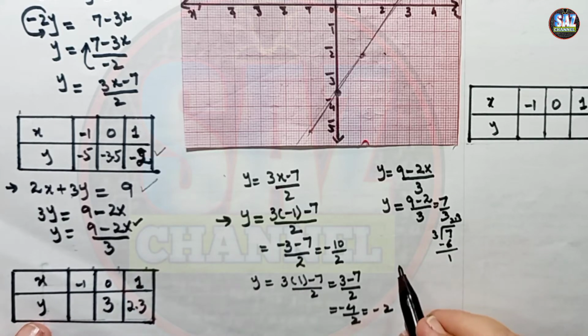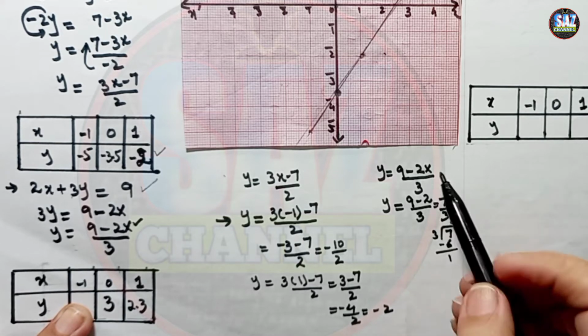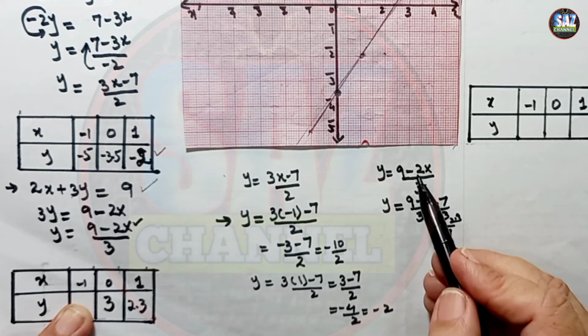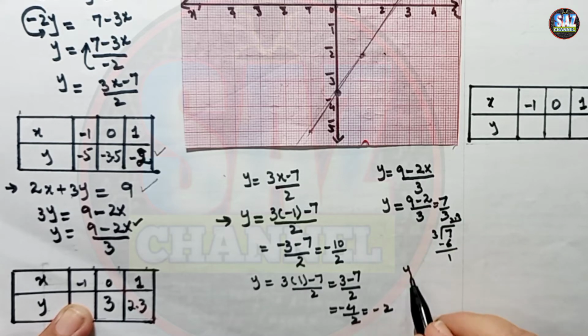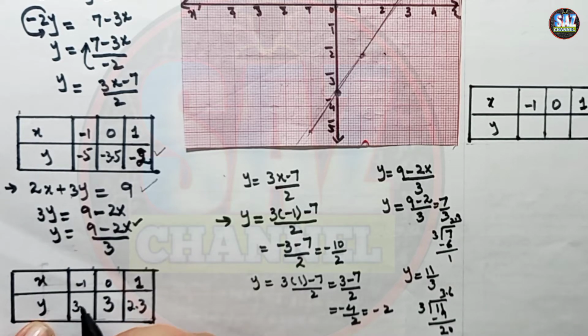And when I'm replacing x by minus 1 here, minus 2 multiplied by minus 1 will give me positive 1. Positive 1 plus 9 will be 11 by 3, and 11 by 3 will give me 3.666, or around 3.7.